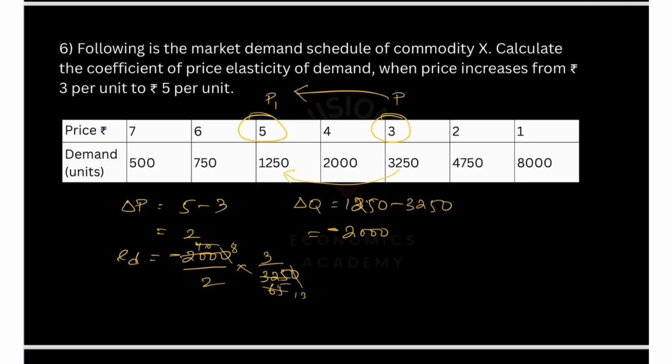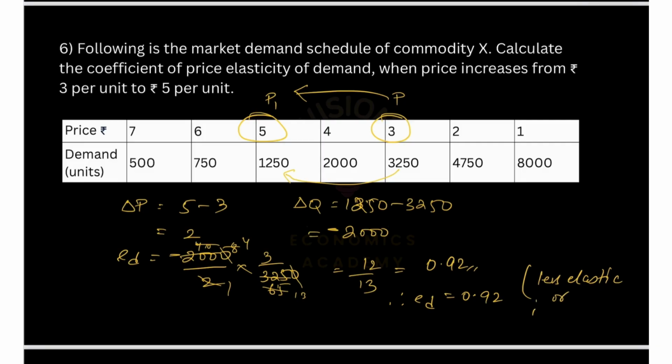So 12 by 13 equals 0.92, if I'm not wrong. Therefore, elasticity of demand equals 0.92. So it is less elastic or inelastic demand.